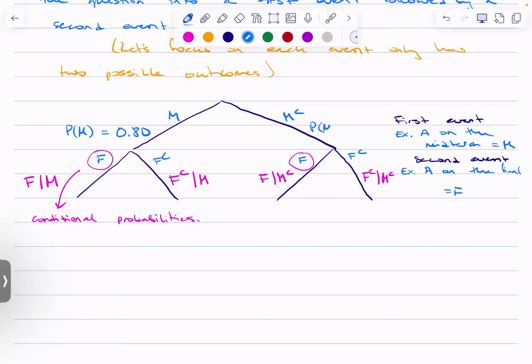Then you also know the probability of not getting an A on the midterm is what? 0.2, right? Because in the first event, there's only two possible outcomes, and so you can use the complement. In fact, all these branches in the same level have to add to 1.